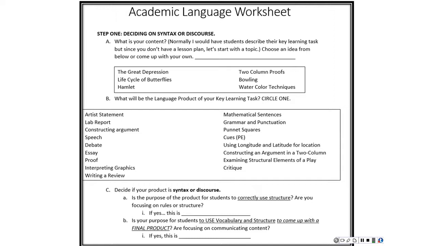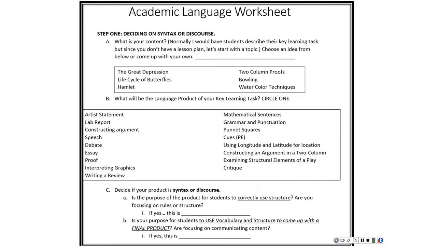If yes, this is what? Syntax. Is your purpose for students to use vocabulary and structure to come up with a final product? So, are you focusing on communicating content?